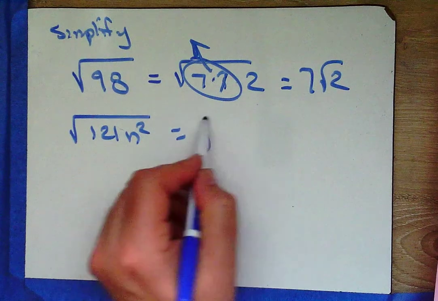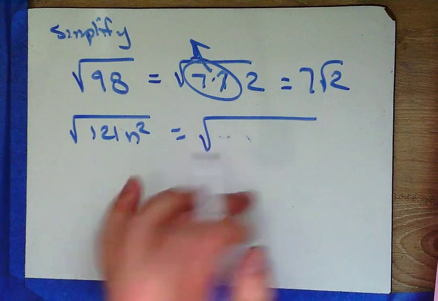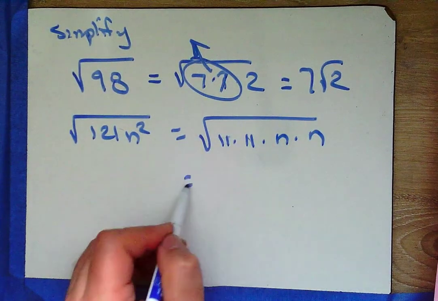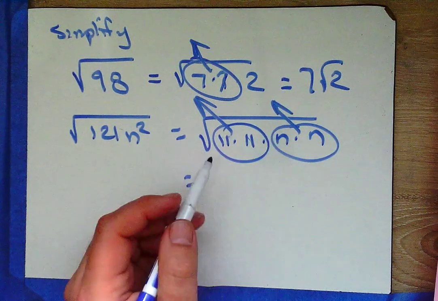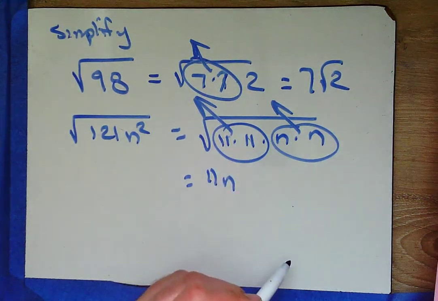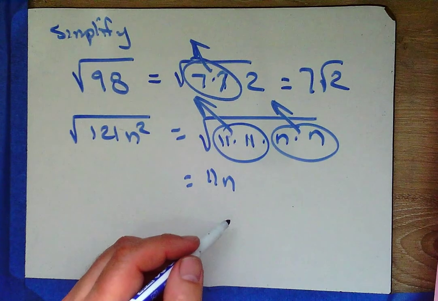And so we can think about it as 121 as 11 times 11 times n, in which case we can bring out an 11, we can bring out an n. There's no one left under the radical, so that can go away. So we have 11n. Well, at least that's probably what we learned in Algebra 2.